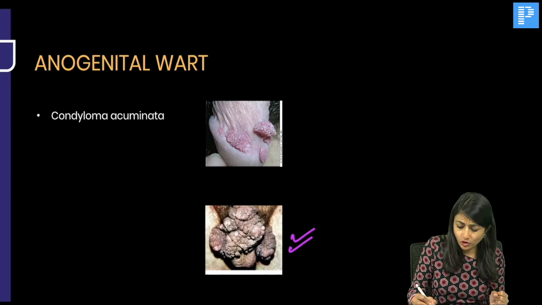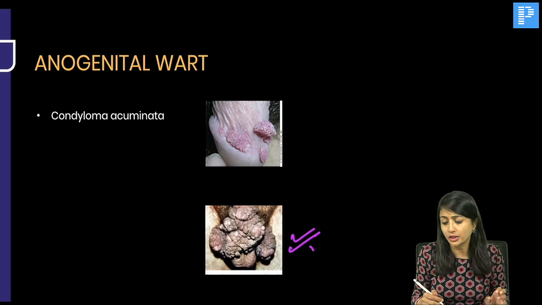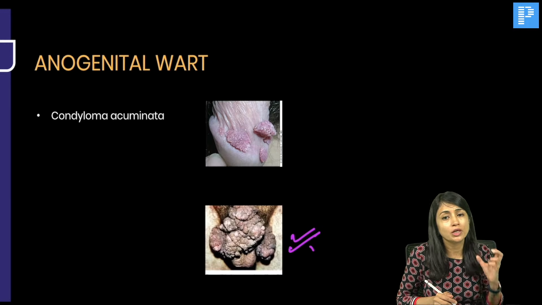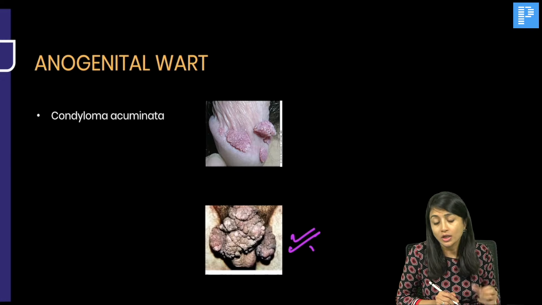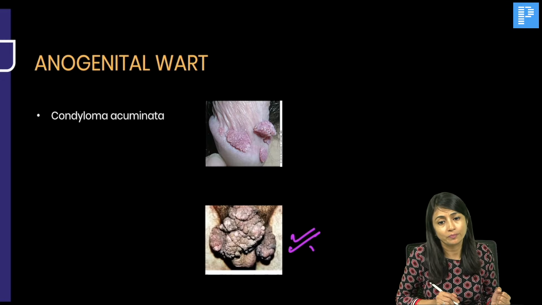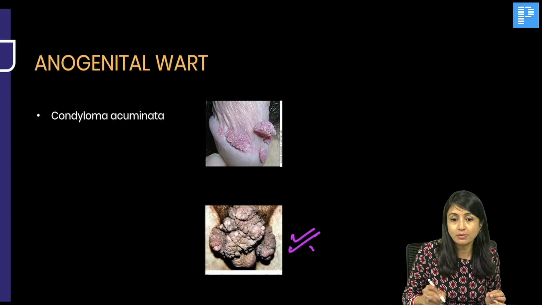Another very commonly asked image is they give you this and they ask you what it is. It is a type of anogenital wart, also called condyloma acuminata, but this is an image they are very fond of giving you. What's the exact name for this image?